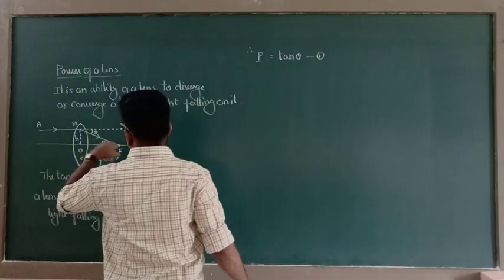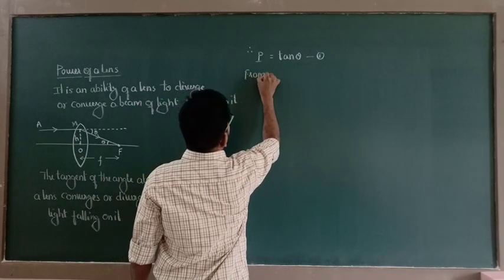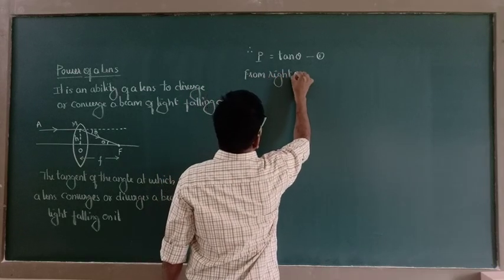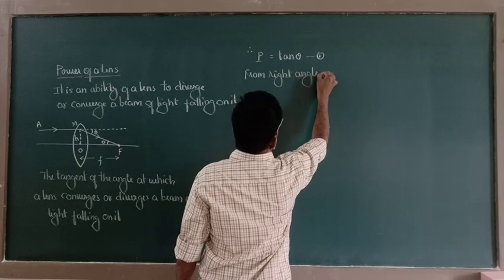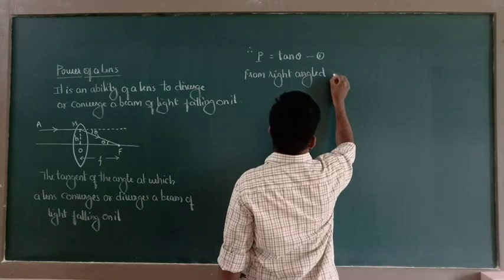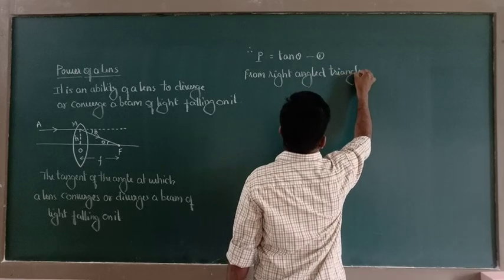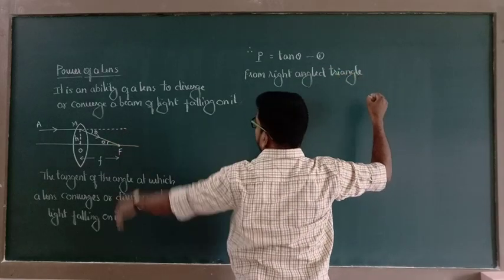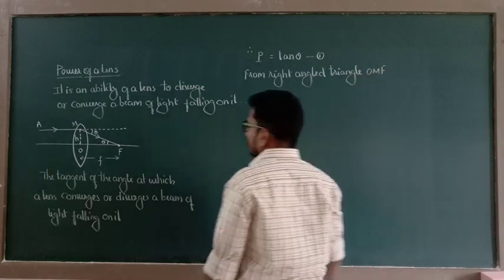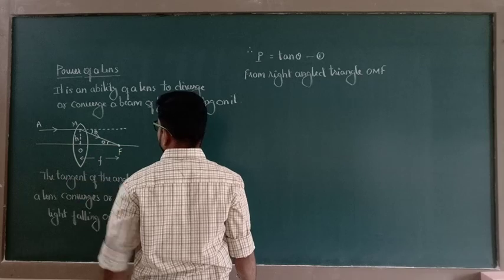Now from this right angled triangle OMF, define the tan trigonometric function, that is opposite side divided by adjacent side.